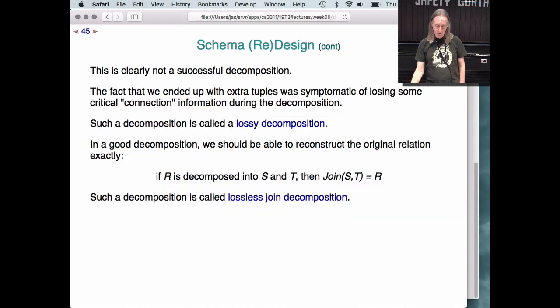Right, so we've ended up with something that's too big, and despite the fact that it's bigger, we say that that is a lossy decomposition because we've lost some critical information: the fact that this particular customer had a single loan with this branch. So if we've got a good decomposition, then yes, we should be able to reconstruct the original table. And if that's the property of the decomposition, then we say that's a lossless join decomposition.